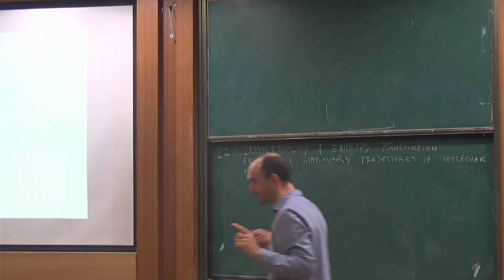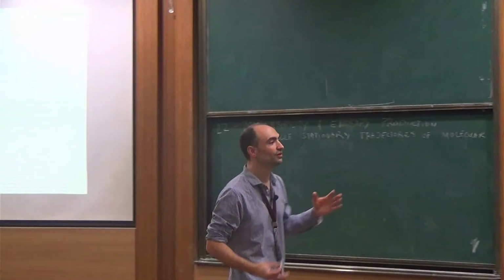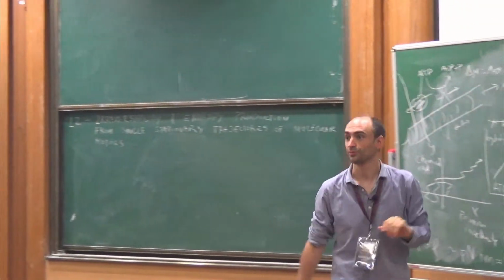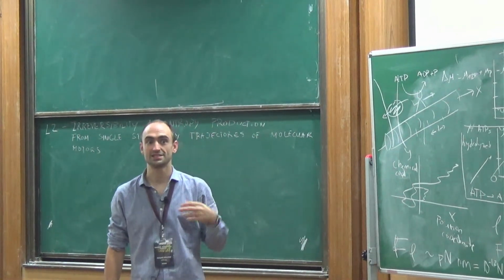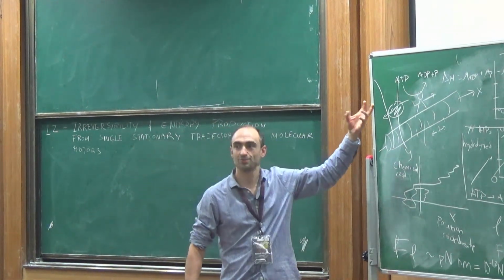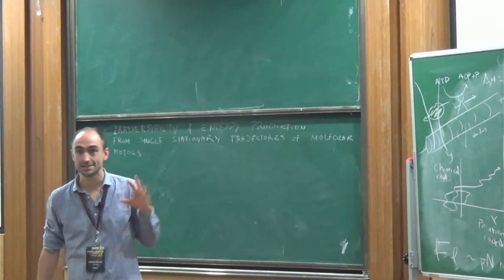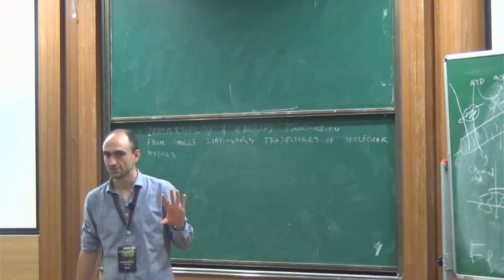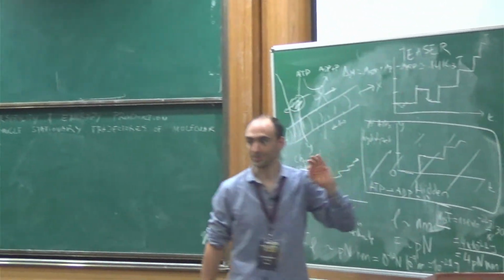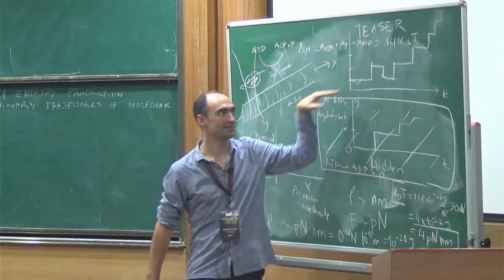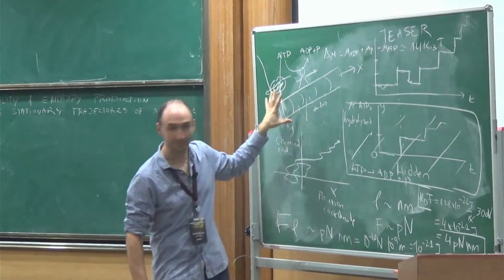What can you say about the entropy production or the dissipation of heat of the motion of the molecular motor? Here the molecular motor is spending ATP, so it's dissipating chemical energy. Some of the chemical energy is dissipated to a thermal bath. So we would like to know whether we can use the information of this trajectory, and in particular its irreversibility, to estimate the entropy production in the motion of the motor.